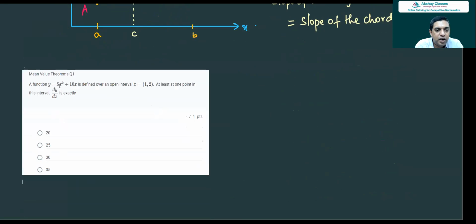A function y equal to 5x square plus 10x is defined over an open interval 1 comma 2. At least at one point in the interval, dy by dx is exactly this. So what it means is, this is f of x, 5x square plus 10x on 1 comma 2.